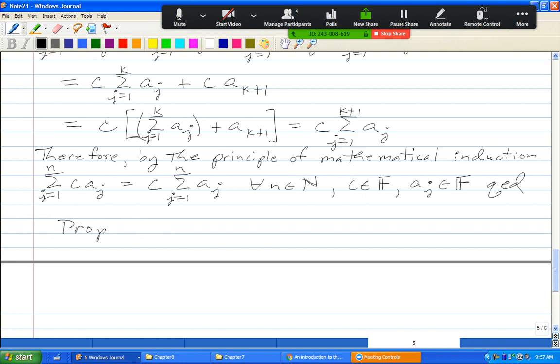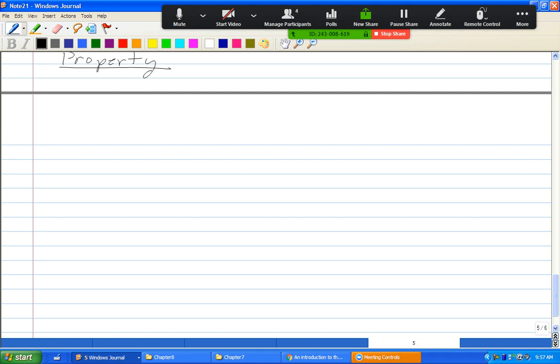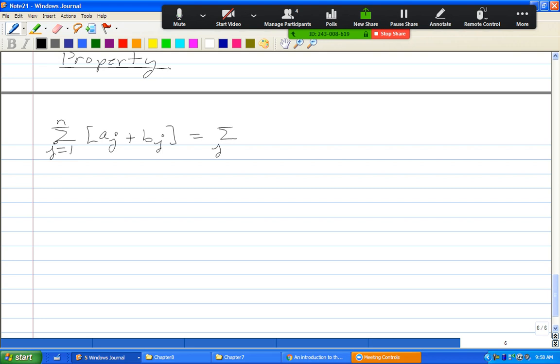So property: the sum j equaling 1 to n of a j plus b j is just equal to the sum j equaling 1 to n of a sub j plus the sum j equaling 1 to n of b j.